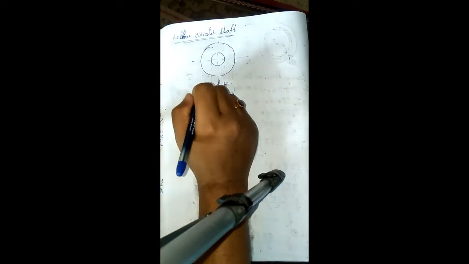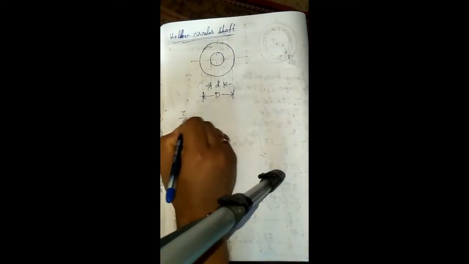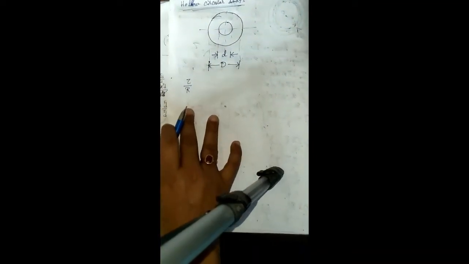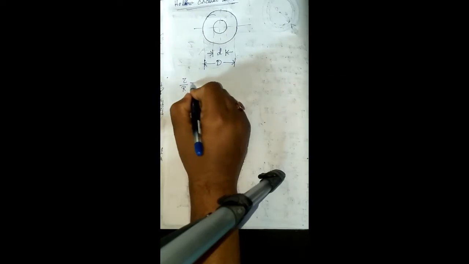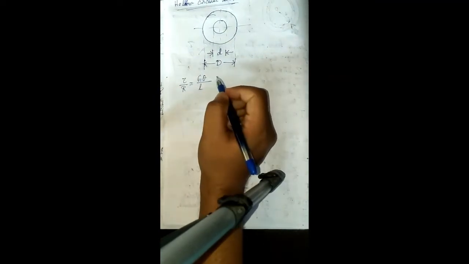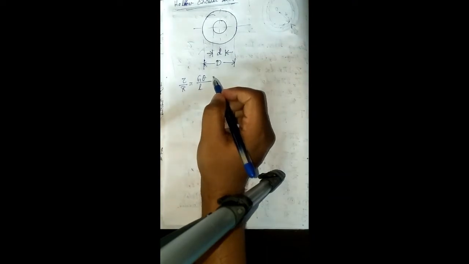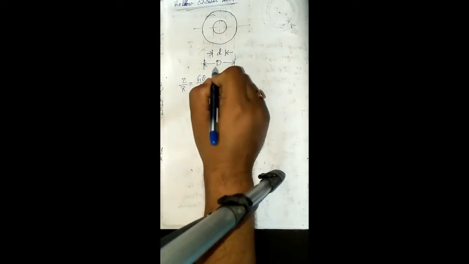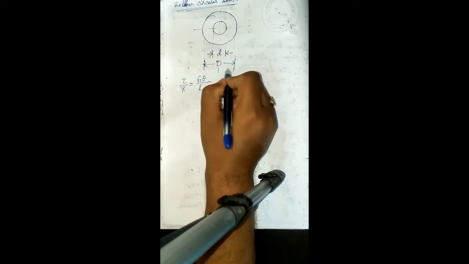Up to equation 1, that is tau by R equals G theta by L, the equation and the process will remain the same.